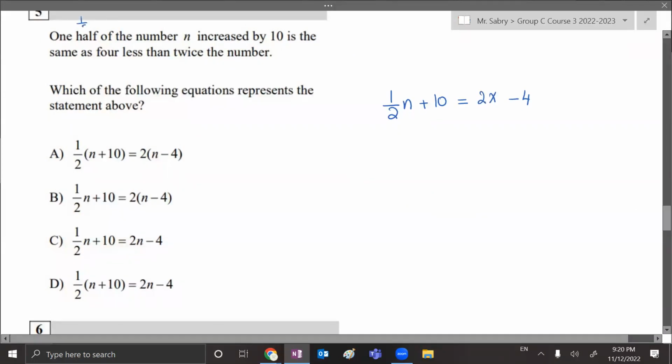So again, 1/2 is just half of the number, times the number n, is just n, increased by, which means plus 10, is the same as, that means equal. And then 4 less than, so something minus 4, twice the number x. So that's the part we discussed earlier.